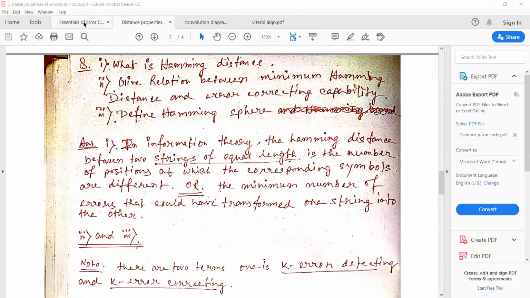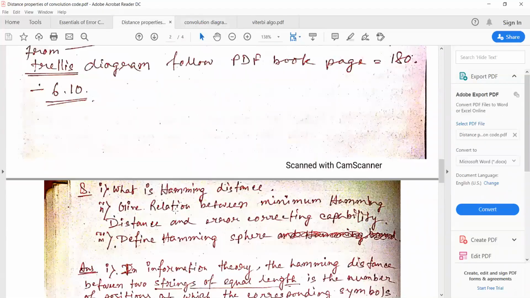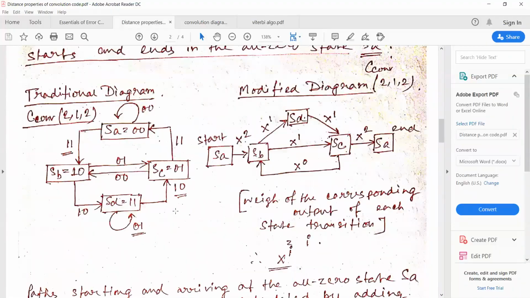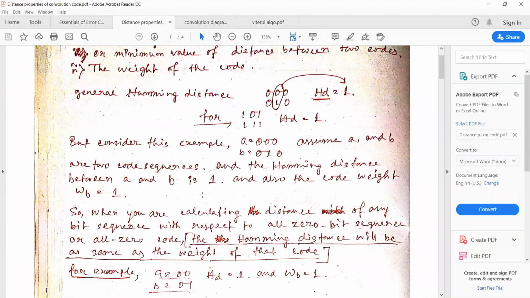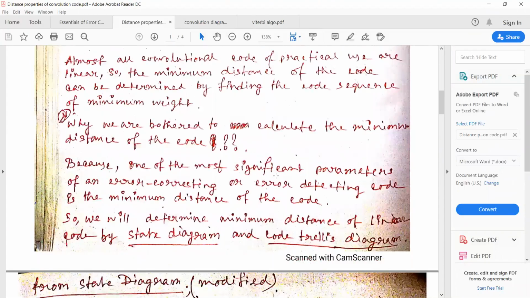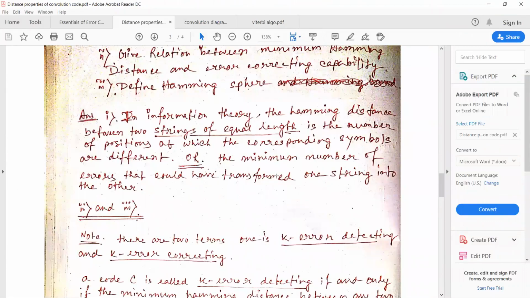I can show you in this PDF. If you can see, the length is the same. If this is a 2-bit representation, this is also 2-bit; if this is 3-bit, this is also 3-bit. So for calculating the Hamming distance, we take the bit representations the same, that means the length of the code will be the same: strings of equal length.